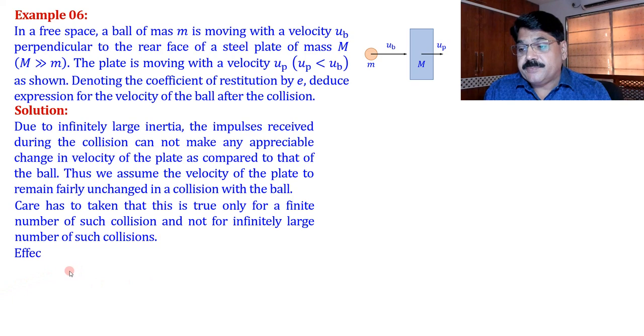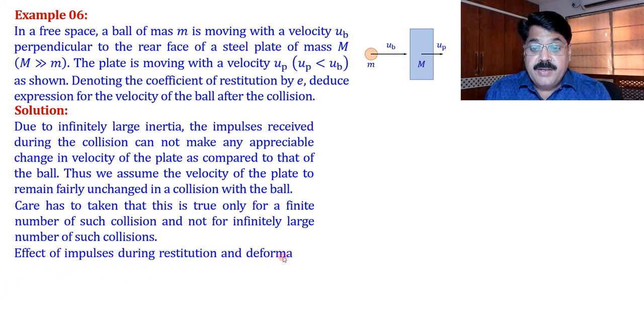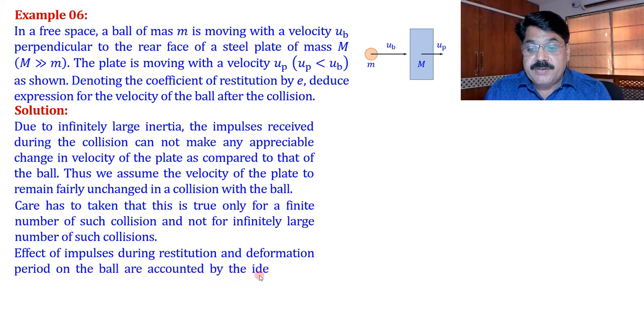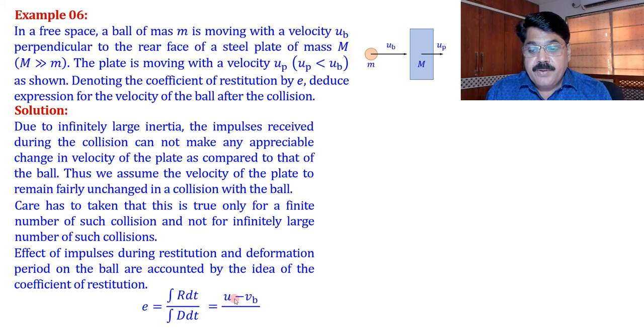The effect of impulse during the restitution and deformation periods on the ball is accounted for by the coefficient of restitution. Say e is equal to RDT upon DET. So we have e = (u − v_b)/(u_b − u), and this equation we use the same as we did earlier in the previous problem.